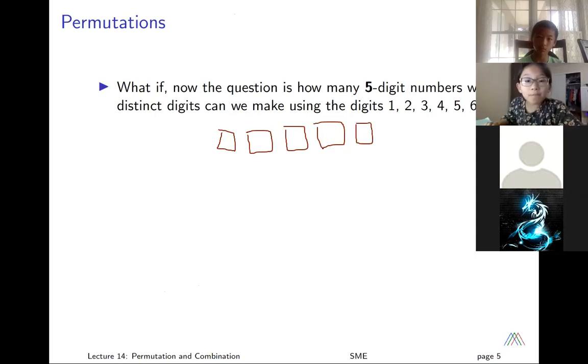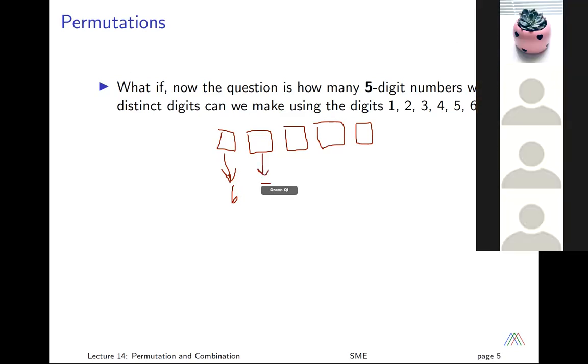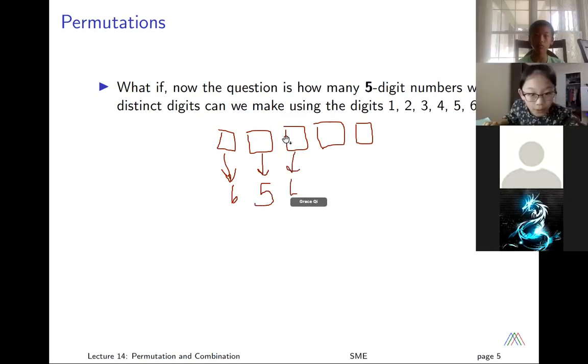So for this one there are 6 options, like numbers to choose from, and then if we're not going to use that number again, then you have 1 option less, so it's 5, and then this one would be 4, and then 3, and then 2, and then you just multiply it together.